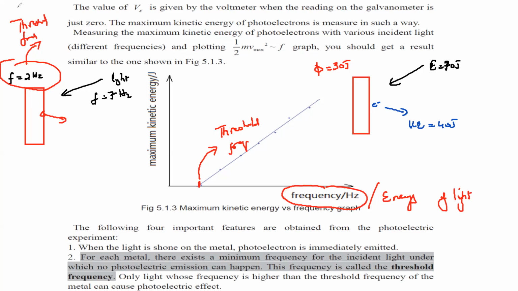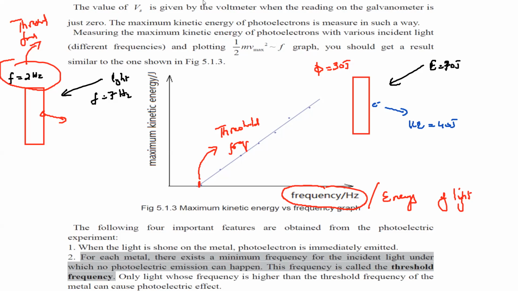So the graph between the frequency and the kinetic energy of these electrons, or the graph between the energy of the incident light and the kinetic energy, will be the same. But if it is a graph of energy and kinetic energy, that will give us the work function. If the graph is between the frequency and the kinetic energy, the intercept on the x-axis gives us the threshold frequency.